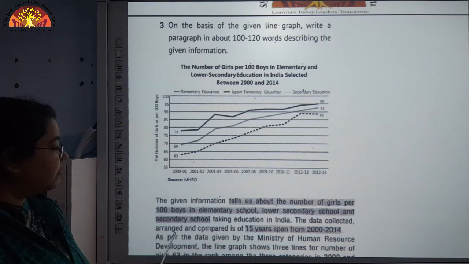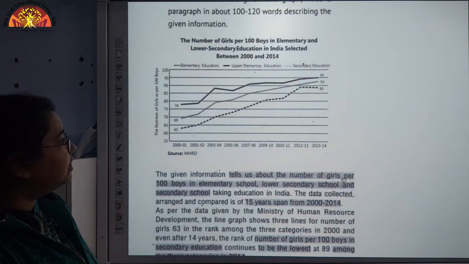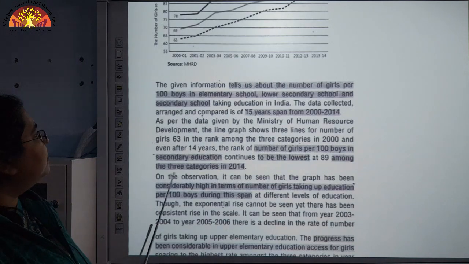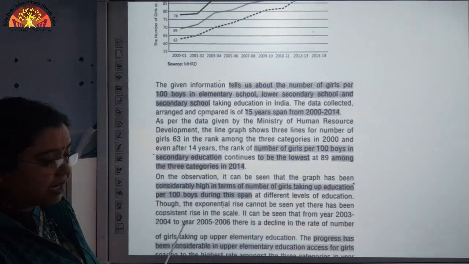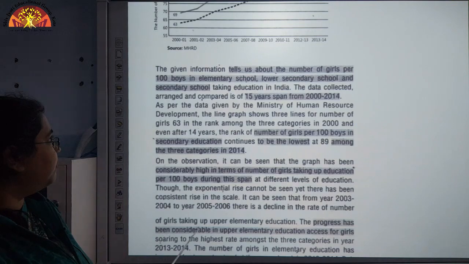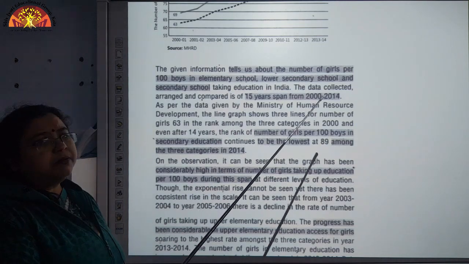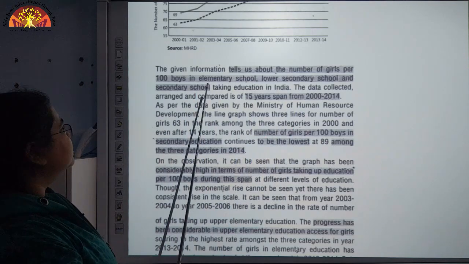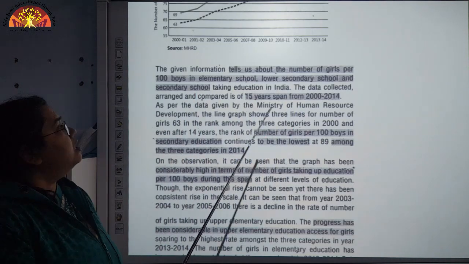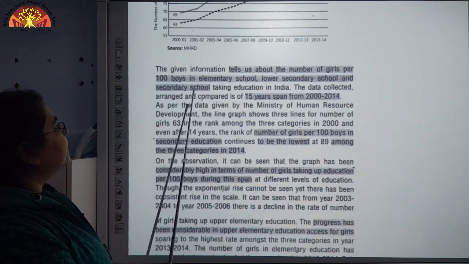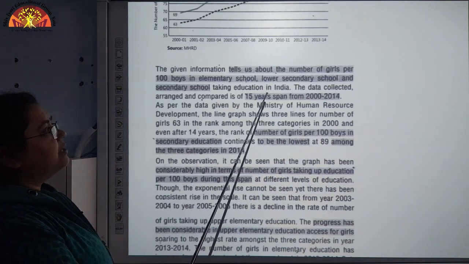Okay. Now, on the basis of this particular information, we will write the paragraph. Now, see here how we will write it. The given information tells us about the number of girls per 100 boys in elementary school, lower secondary school and secondary school taking education in India.